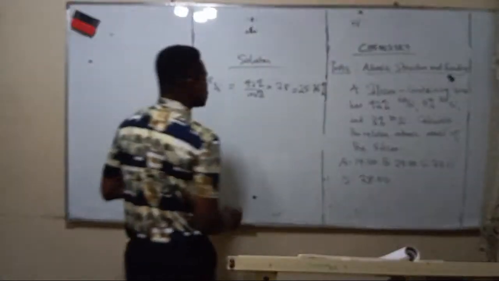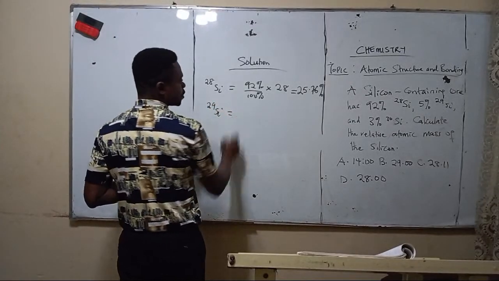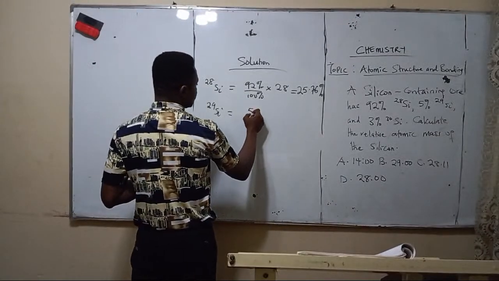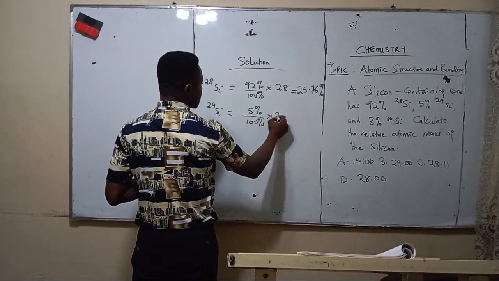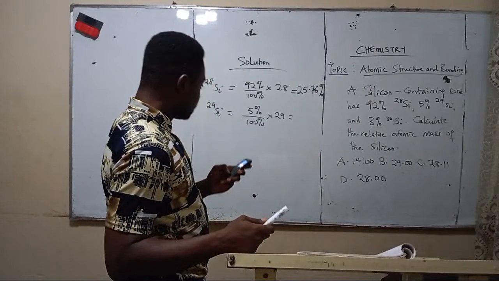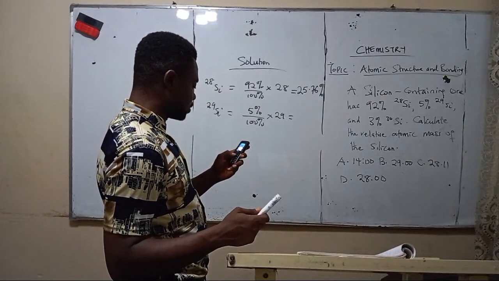For silicon 29, 5% of this 29 will give us 5 over 100 times 29, which is 5 times 29 divided by 100.